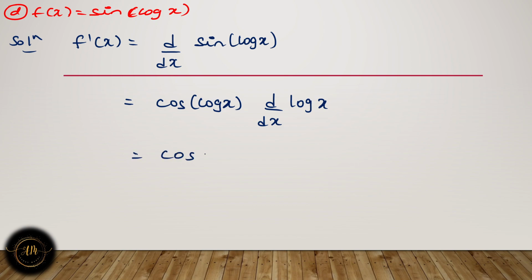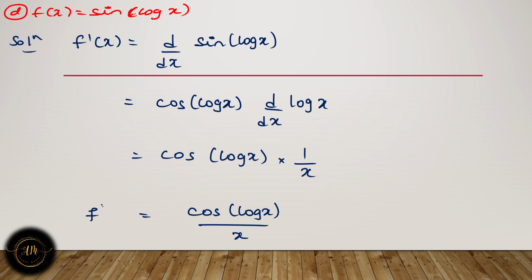So cos log x into 1 by x. We can write this in this format. Cos of log x divided by x is nothing but our derivative f dash x. Clear with this question? Basic chain rule again. Next question.